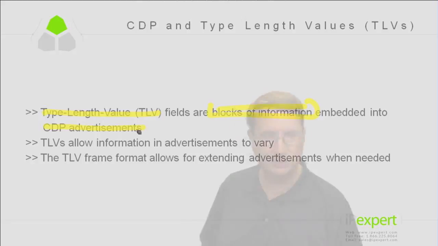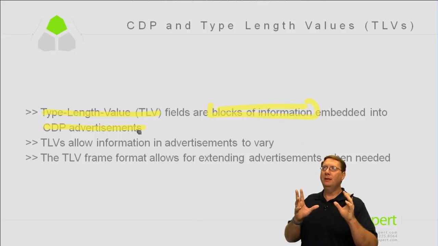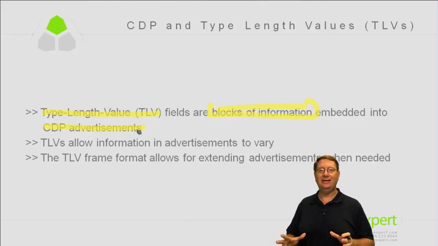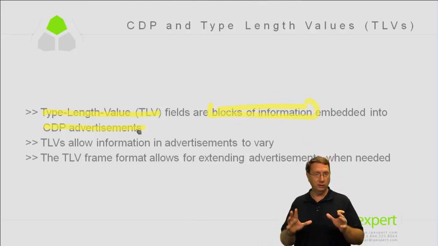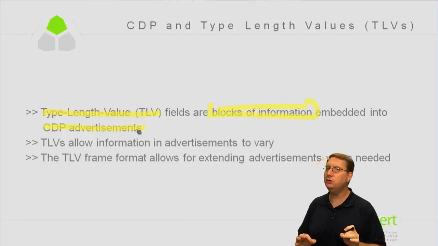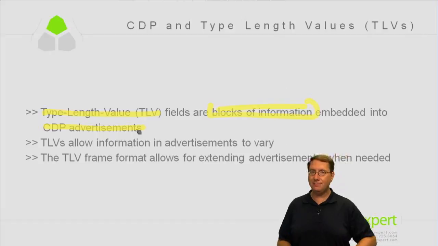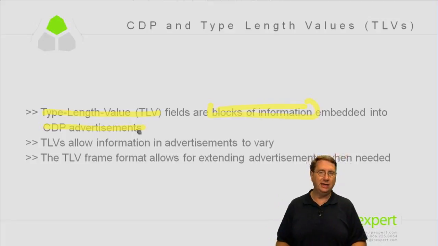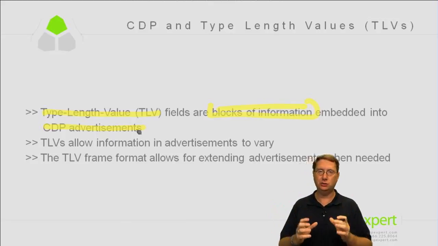These CDP advertisements are going to be layer 2 frames that are going to be exchanged between devices in a link local fashion. Now, the important thing to understand here is that any time I use the term link local, that means that those communications are actually going to be bounded to an actual physical segment. We're not going to do anything like forward them or route them to other segments. So the communications that take place between devices are going to be relative and specific to the individual segments.